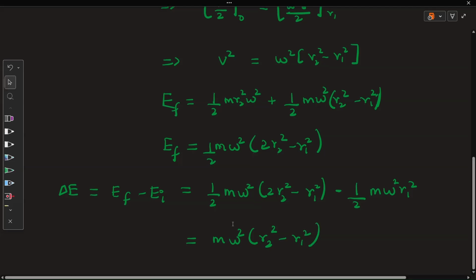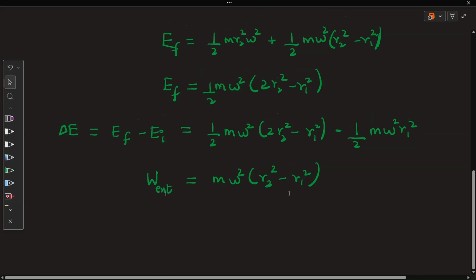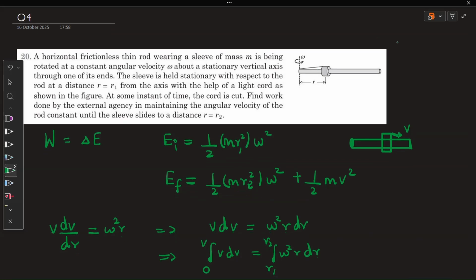This is the change in energy that is given by the external force. This is the work done by the external agency. I have done this question using work power energy. To do it with Newton's laws of motion, I have to consider the frame as this rotating rod, and I have to include the fictitious forces, Coriolis force and centrifugal force, and in that method too we can obtain the same answer.